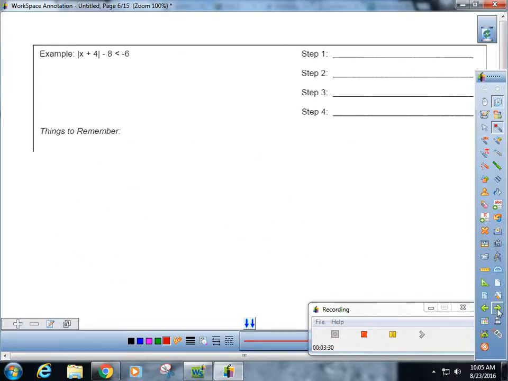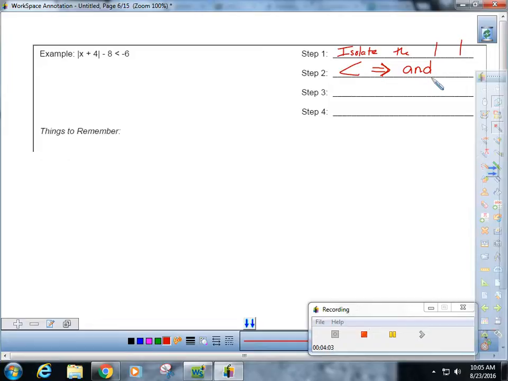Now it gets a little harder. We got 4 steps to deal with. The first and the fourth steps are exactly the same as before. So step 1, isolate the absolute value. Step 2, now, if you have a less than sign, that is going to lead you to an and situation.